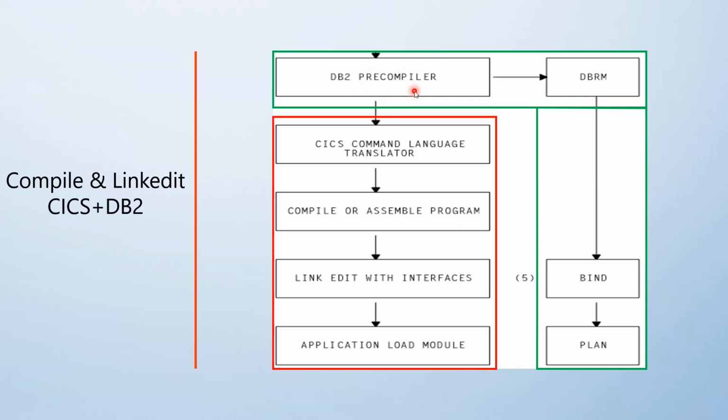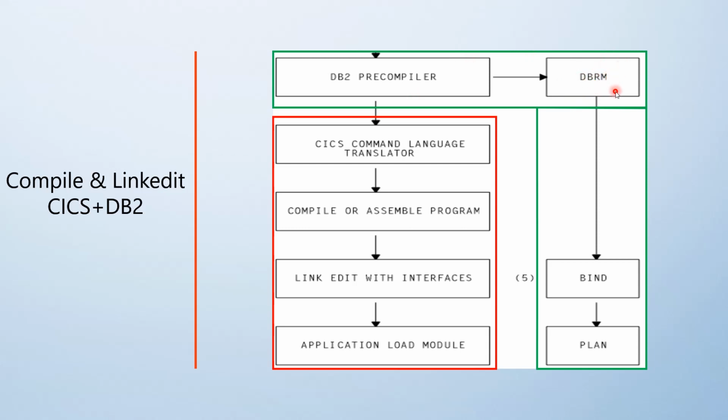What exactly it does is, just like we have CICS APIs, we even have DB2 APIs or SQL APIs like EXEC SQL and END-EXEC. So those EXEC SQL statements are commented out, and they are placed in a different library called DBRM.